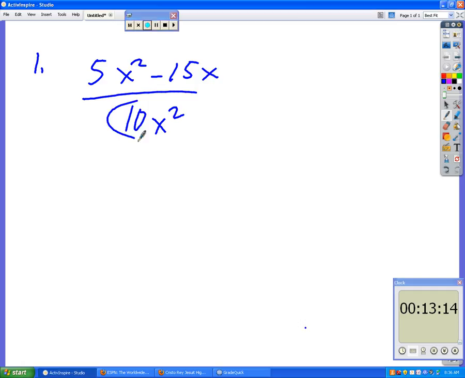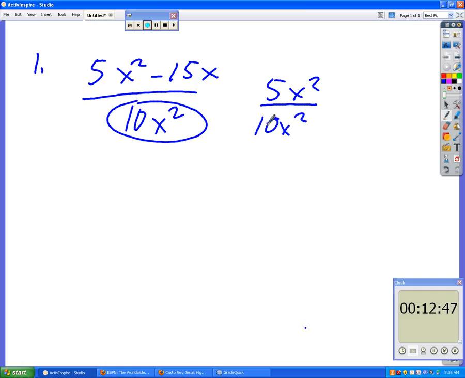What did I tell you to do? This is a monomial. There's no plus or minus, no addition or subtraction. What did I tell you to do with this? 2 different fractions with this on the bottom of both. You take this one here, 5x squared, draw a line, and put 10x squared underneath it.